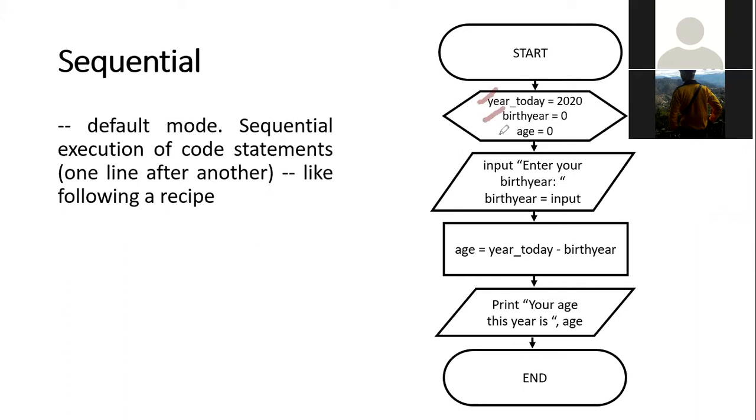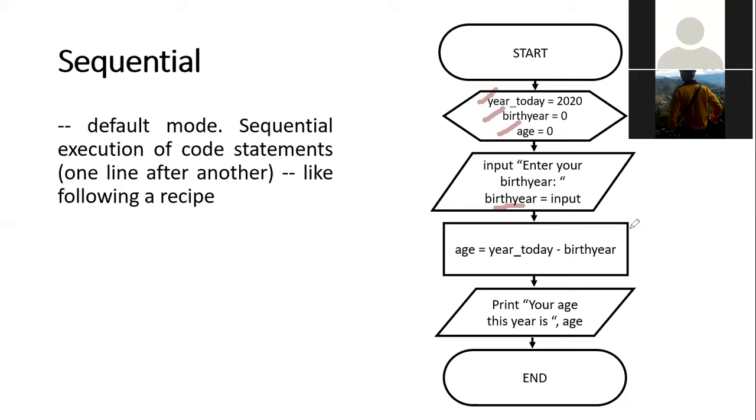value is 0. And then next instruction is, anong sign to? This is input output or IO. So instruction is input, enter your birth year, and then input goes to the birth year variable. Followed by a process.